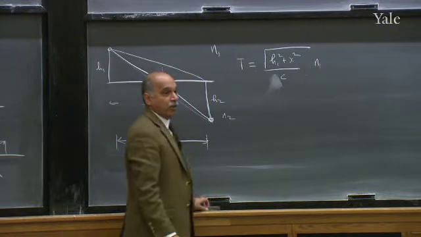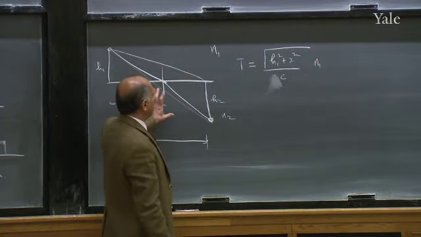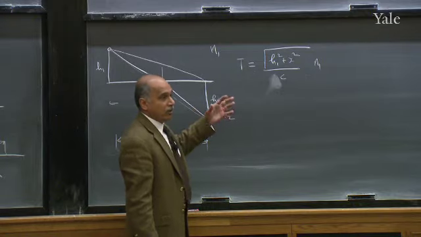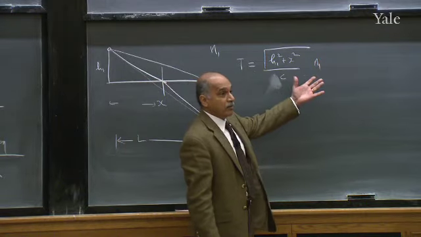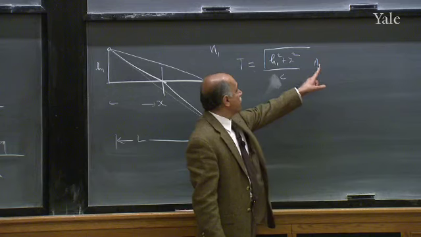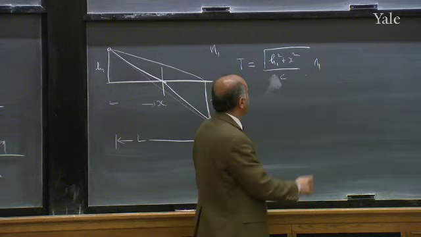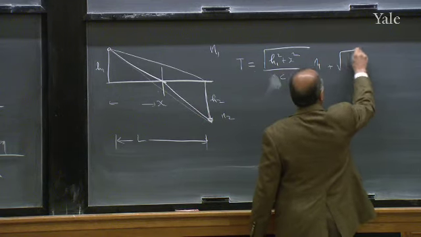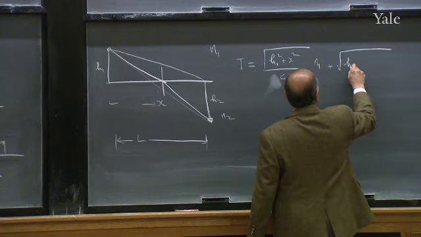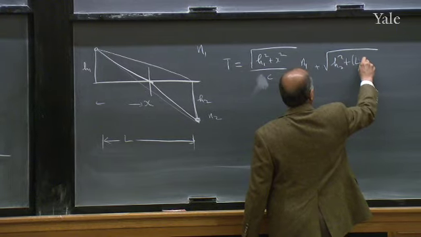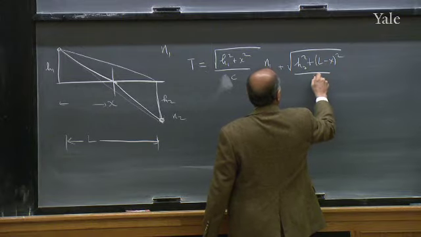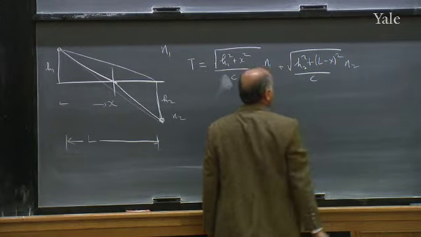It's c over n1. You want to divide by the velocity in the medium. Velocity is c divided by n1. Also, you should know it's going to take longer in anything but vacuum, so n1 should come on top. Then you have the other term. That is square root of h2 square plus L minus x square divided by c over n2.